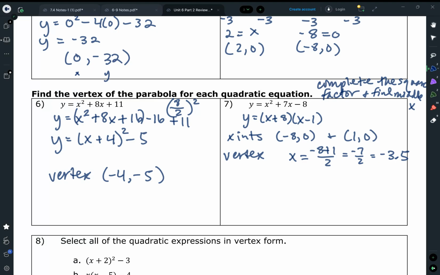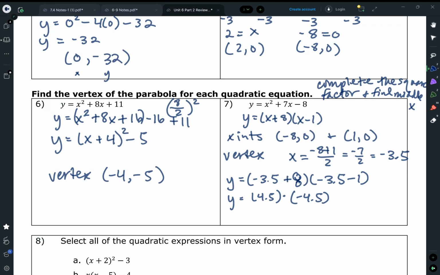So now I need to find my y value that goes with the x. To find y, I'm going to go back and substitute my x in. So negative 3.5 plus 8 times negative 3.5 minus 1. So let's see, this is going to be a 4.5 times a negative 4.5.